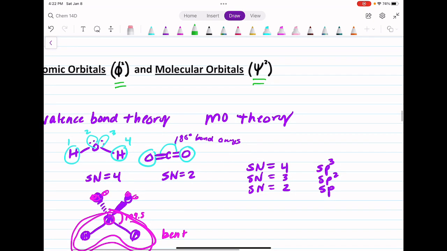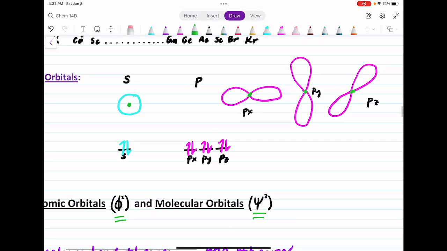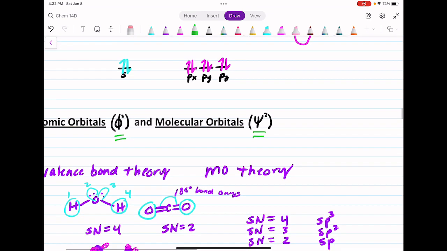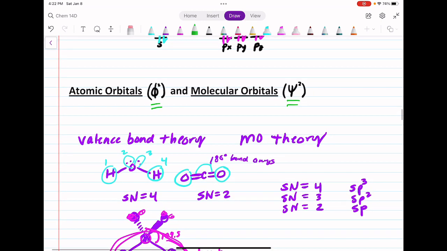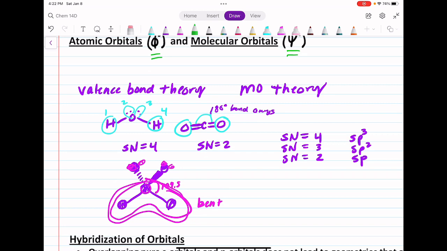And so we can use cartoons to draw these molecular orbitals just in the same way we did these atomic orbitals, or these S and P atomic orbitals up here at the top. We can use these similar cartoons to take these atomic orbitals and draw molecular orbitals that depict what we would be doing with these wave functions. So let's take a look at that.